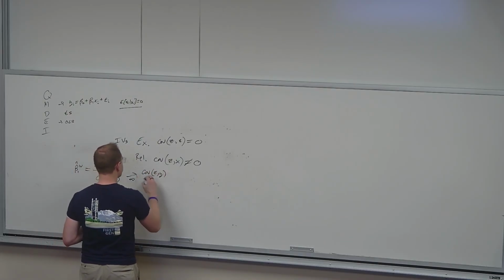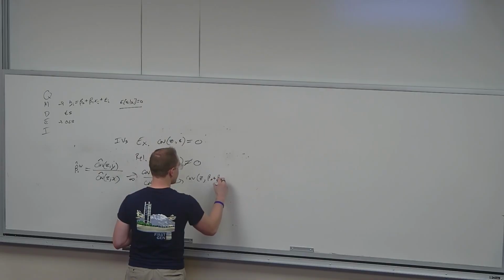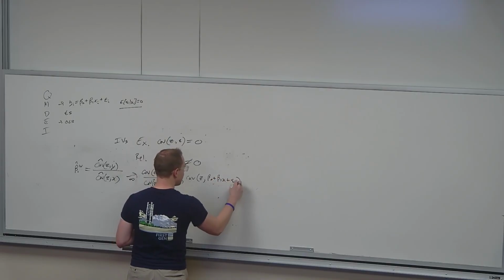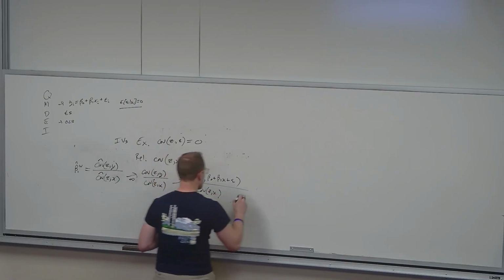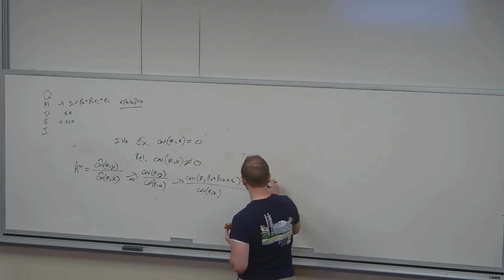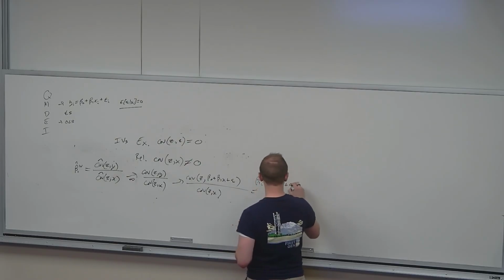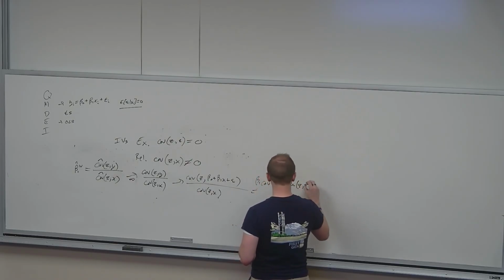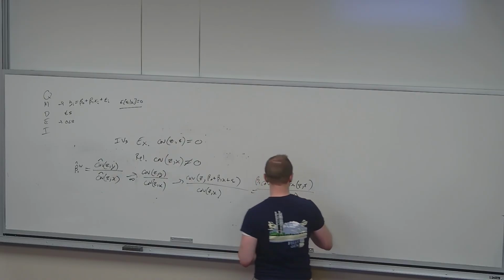Covariance of Z and Y over the covariance of Z and X. Plugging in for your Y, you get the covariance of Z and beta naught plus beta 1 X plus epsilon, over covariance of Z and X, equals, distribute your covariance: the beta naught is just a 0, so you get beta 1 covariance of Z and X plus covariance of Z and epsilon, over covariance of Z and X. Boom.